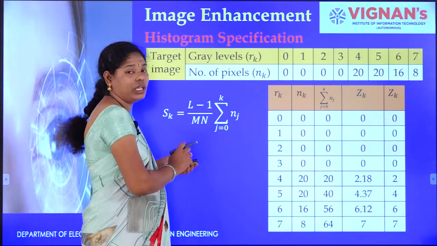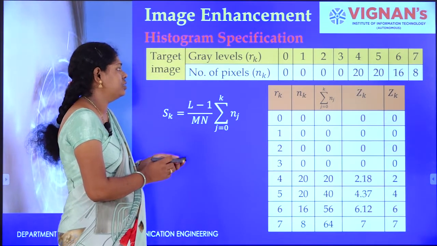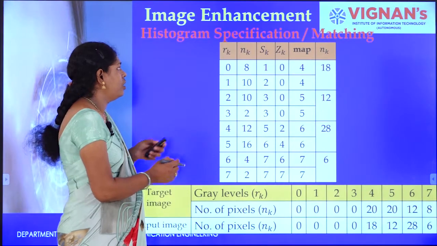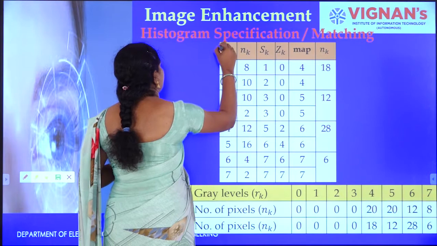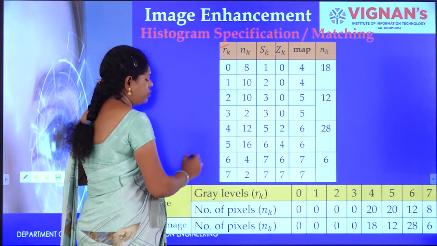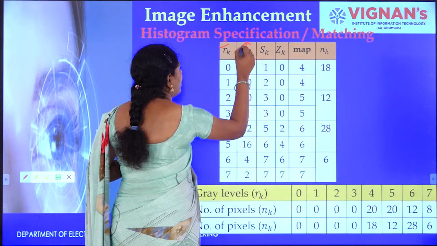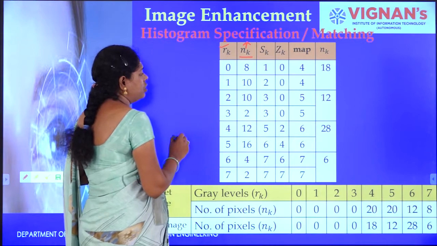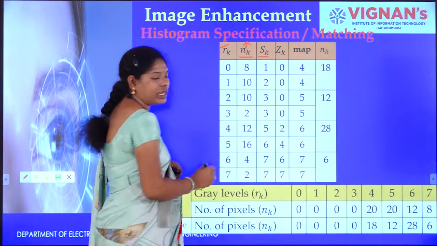Now we have the equalization of the input image, and at the same time the equalization of the output image. Now we go for mapping. This is the RK, that is the intensity values, 0 to 7. Here the NK corresponds to the input image, and this SK corresponds to the target image.